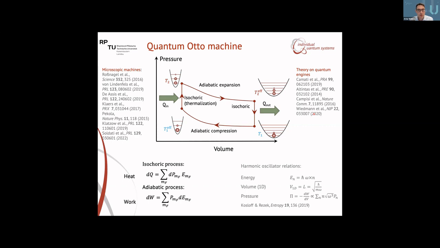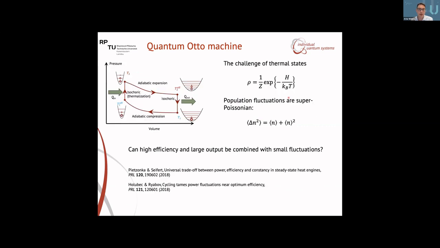There is an important difference in quantum engines, and that is, especially if you look at thermal states, a very peculiar role of fluctuations. If you look at the quantum properties of a thermal state, then clearly the fluctuations can be shown to be super-Poissonian. That is not important if you drive, for example, a car on the highway, where you always form the average over 10 to the 23 particles.